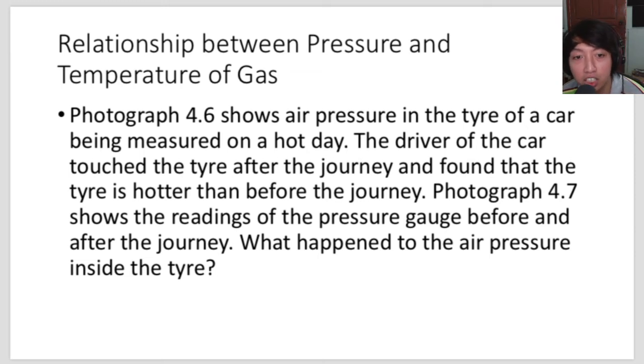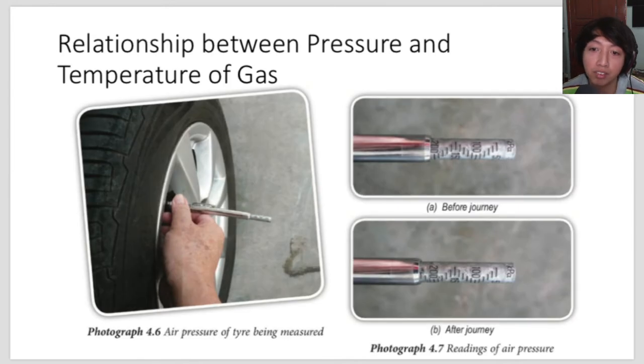The driver of the car touched the tire after the journey and found that the tire is hotter than before the journey. Obviously, after you finish driving, the tires will be hotter due to hot weather and also friction. Photograph 4.7 shows the readings of the pressure gauge before and after the journey. What happened to the air pressure inside the tire? So you measure the air pressure.